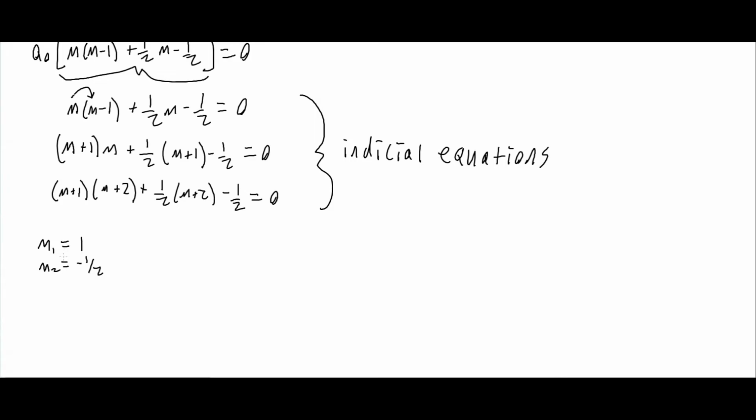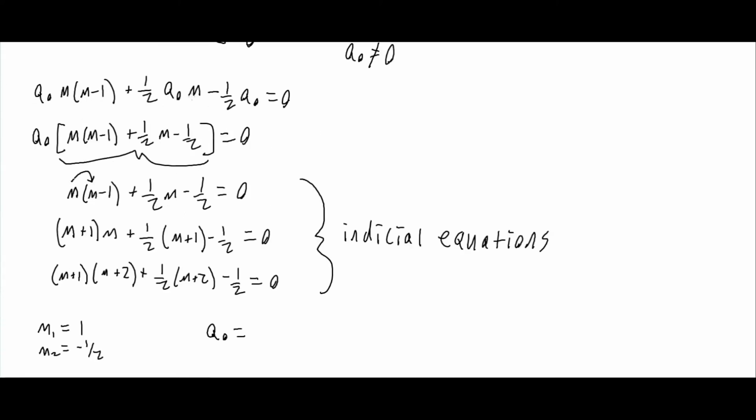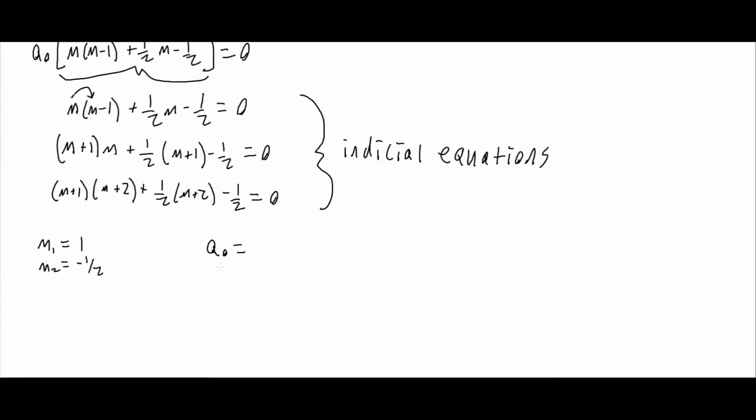And so from these different m's, we can calculate the coefficients that we want. So if we have our a sub naught, and that's from this up here, and we rearrange that so that we can solve for a sub naught, we end up with 1/2 minus 1/2 m over m times m minus 1.